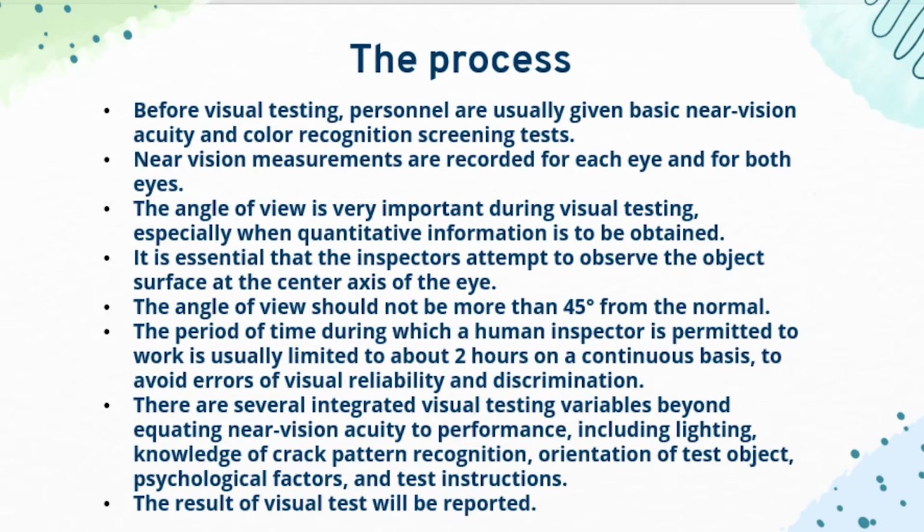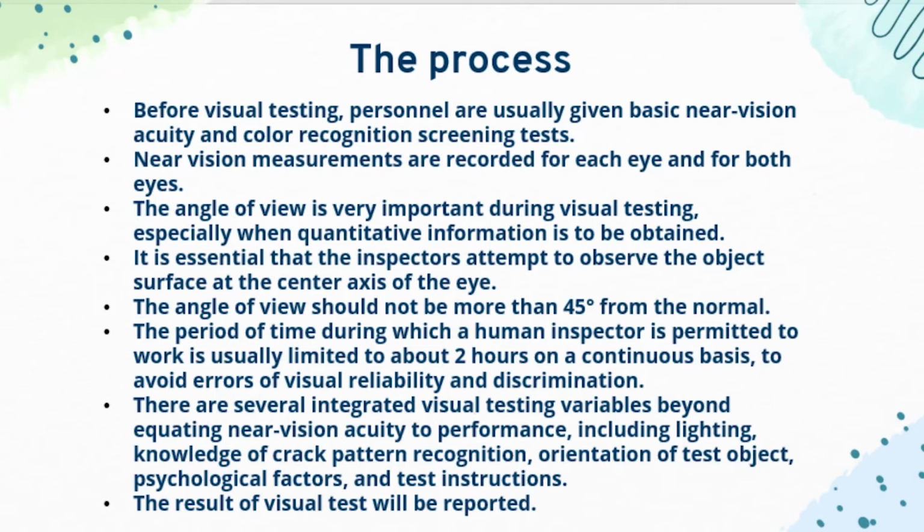The period of time during which the human inspector is permitted to do the work is usually limited to about 2 hours on a continuous basis, to avoid errors of visual reliability and discrimination.